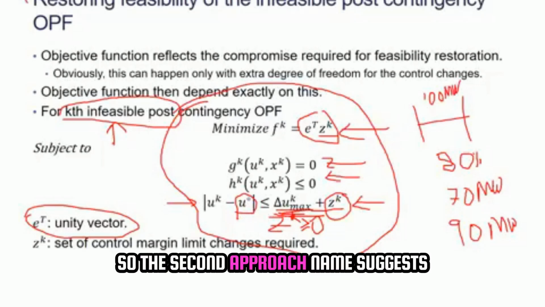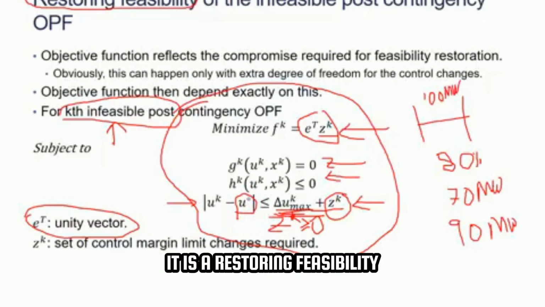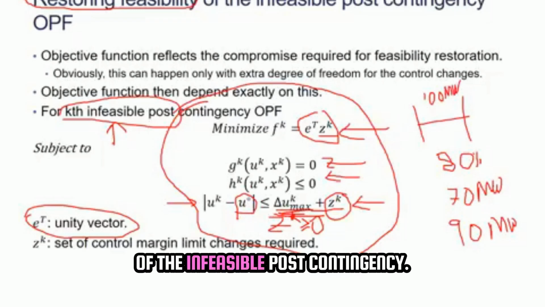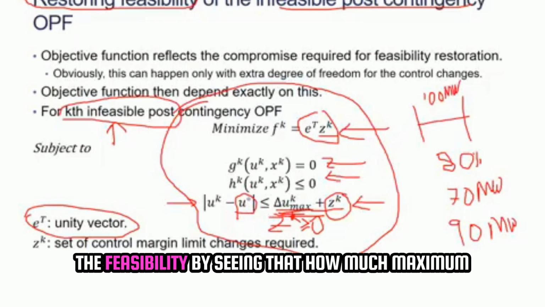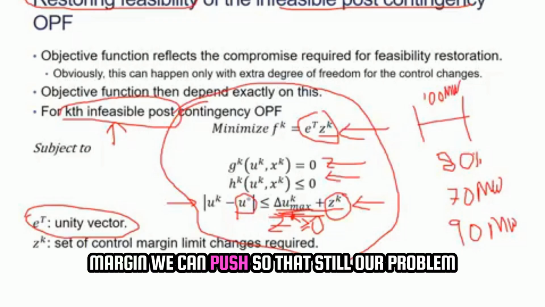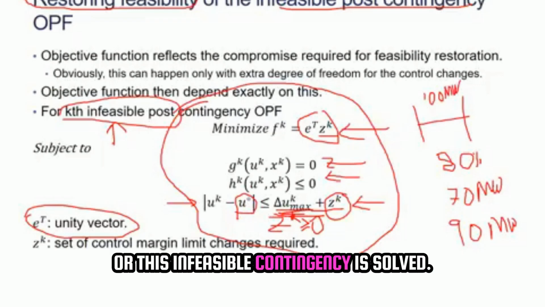So the second approach, as the name suggests, is restoring feasibility of the infeasible post-contingency. Just by the name also, we are restoring the feasibility by seeing how much maximum margin we can push so that our problem of this infeasible contingency is still solvable.